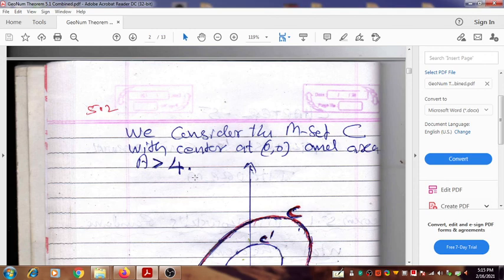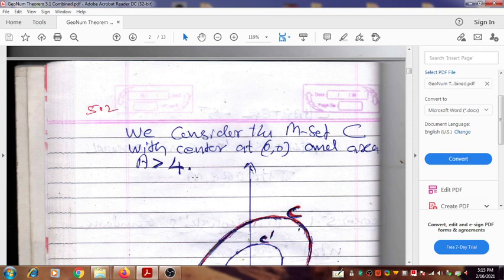And the second case, which will be discussed in the last part of the proof, assumes that the area of the M set is equal to 4. The result in that case will be proved using the proof of the first case. So we have two cases.